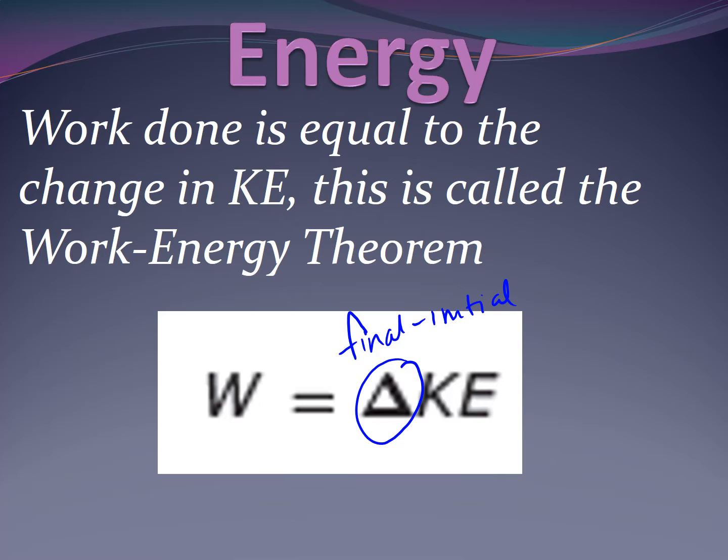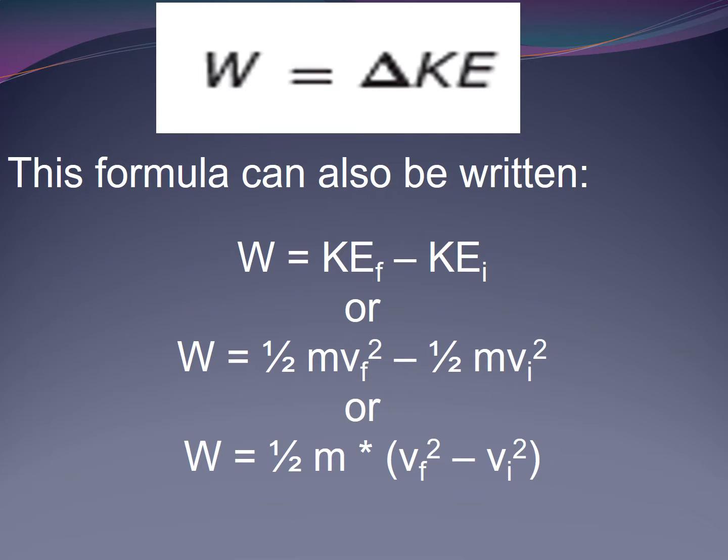So let's look into that a little bit. The formula can be written in different ways, so don't let this bog you down. We're gonna break this down a little bit. So work is a change in kinetic energy, and remember I told you that change is final minus initial. So we write it like this: kinetic energy final minus kinetic energy initial. Or remember, kinetic energy is equal to 1/2 mv squared.